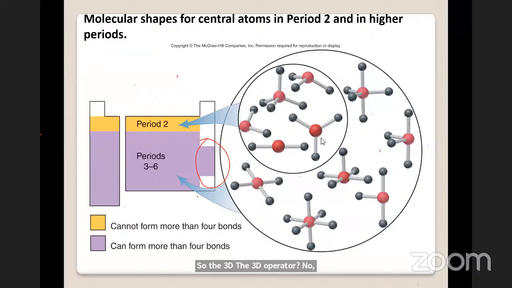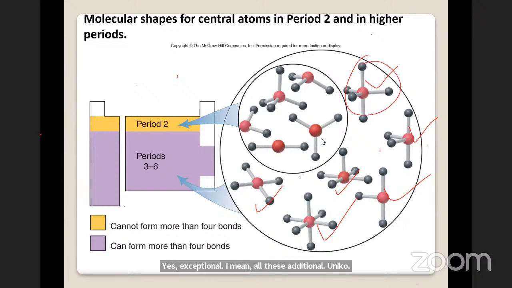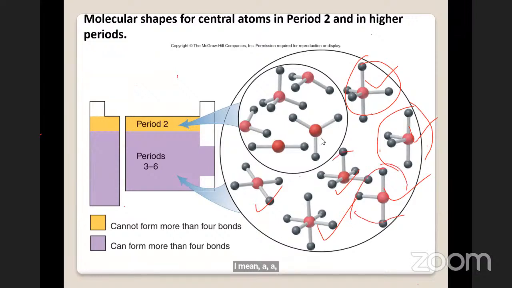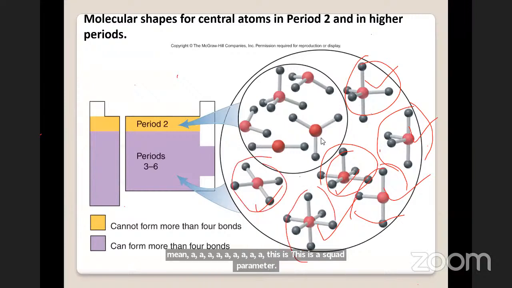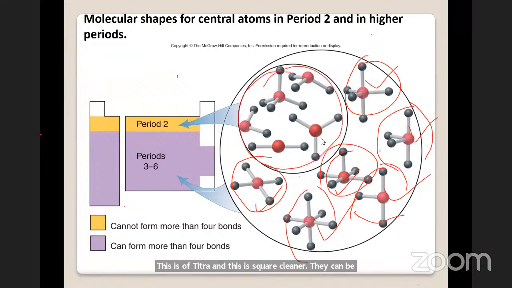The 3d orbital can produce all these additional molecules. This is trigonal bipyramidal. This is seesaw. This is T-shape. This is square pyramidal. This is octahedral, and this is square planar. They can be produced in addition to this from period 3 downward. You need to take note of that.